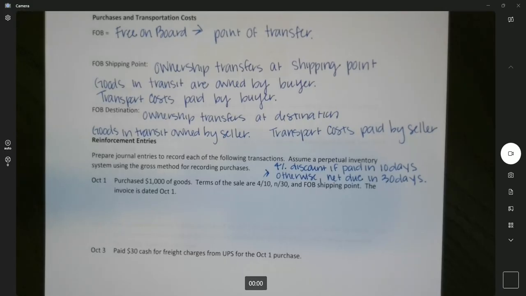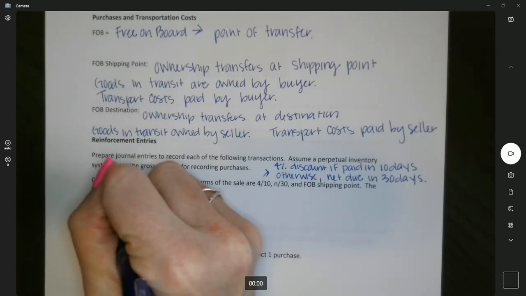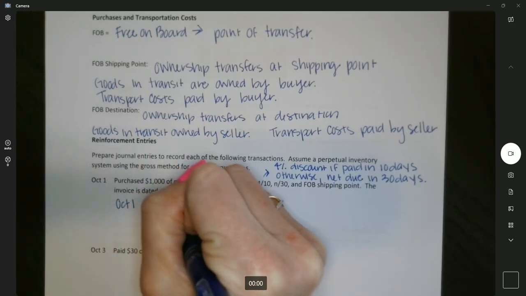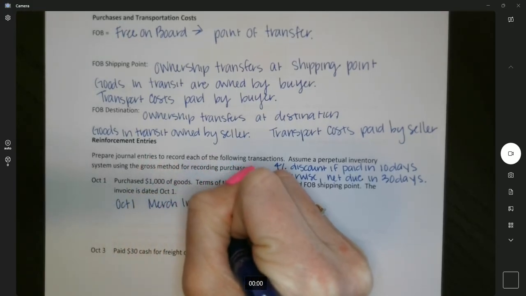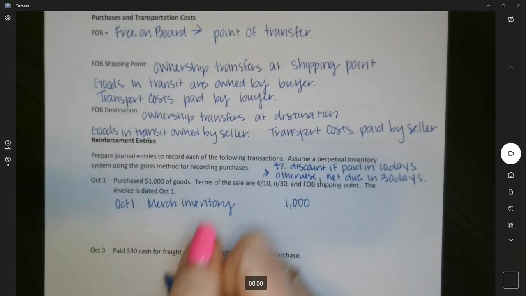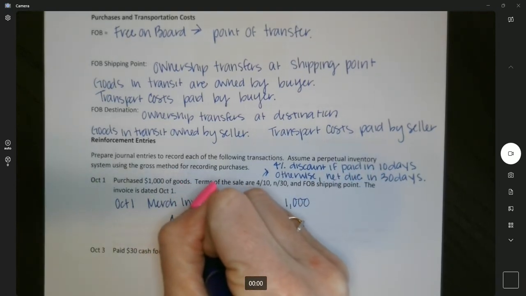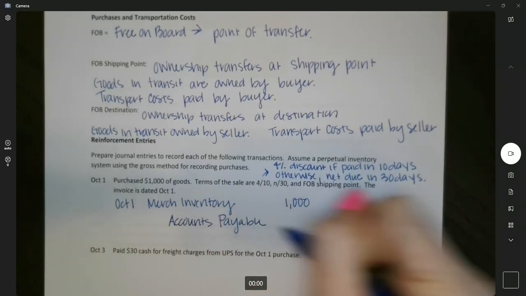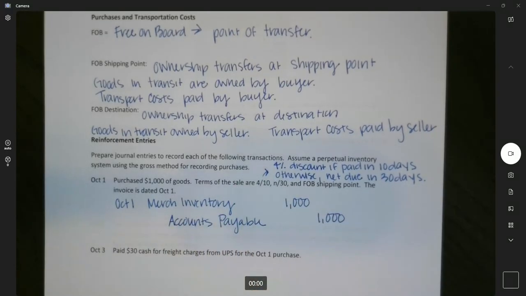So for the purchase of the actual inventory, October 1, we're going to debit merchandise inventory $1,000, and we're going to credit accounts payable $1,000.